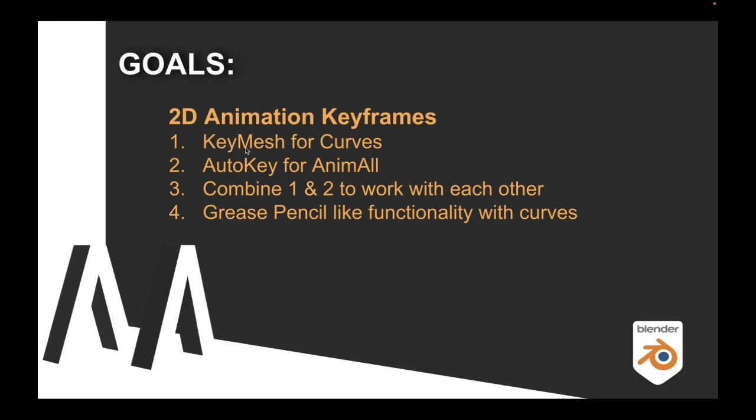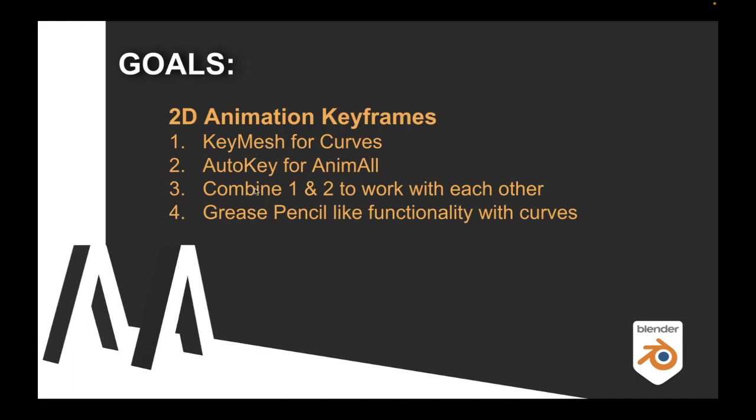So there's some existing add-ons already. KeyMesh is an add-on that will allow you to swap out data blocks, but it doesn't work for curves. And we'll talk about what all that means later. Then there's an included with Blender add-on called AnimAll, which will allow you to tween all of the points in a curve in your keyframes, but it doesn't allow auto key.